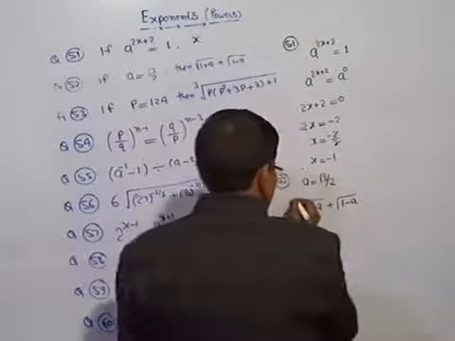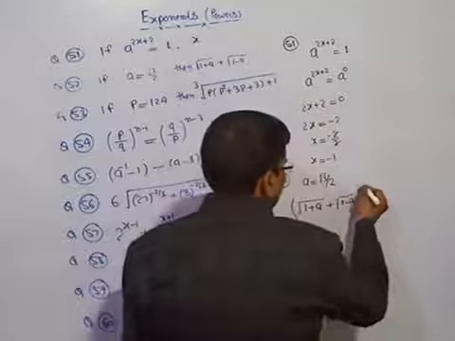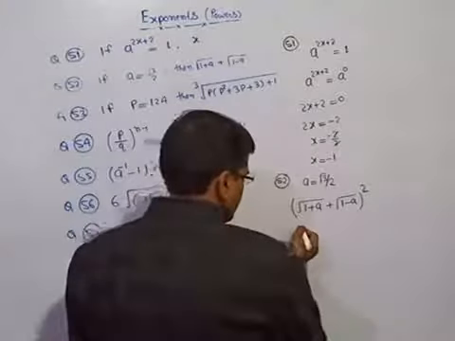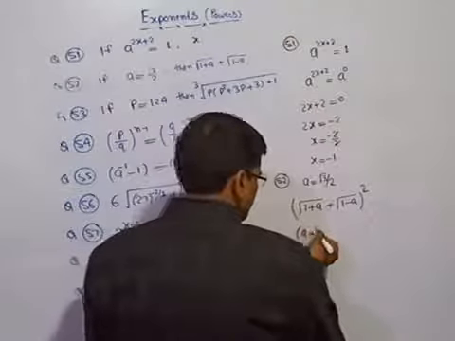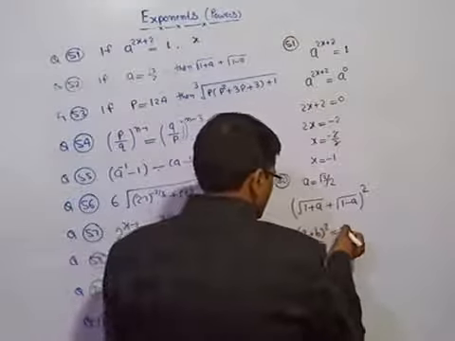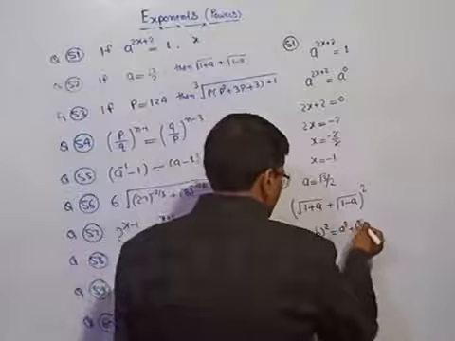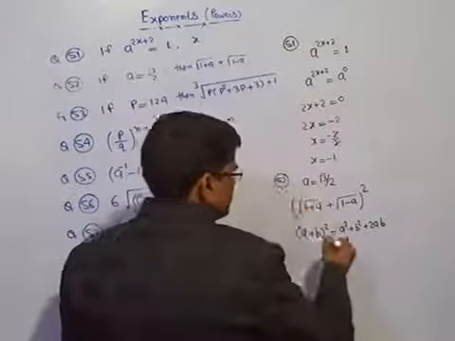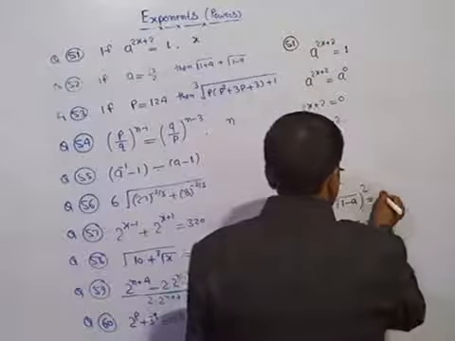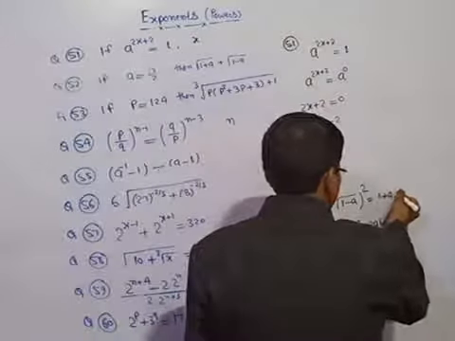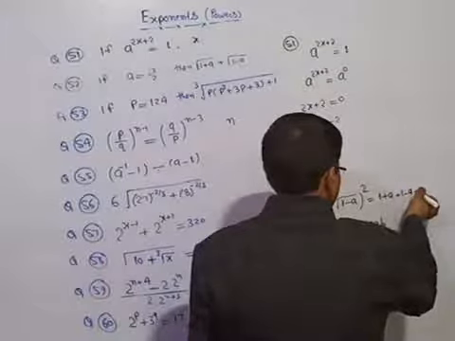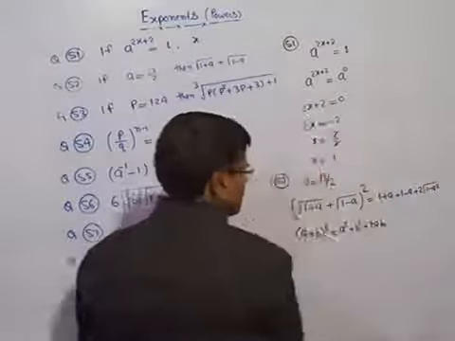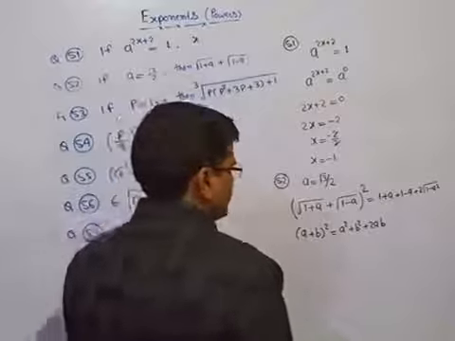Then we can find the square of this number via the formula (a plus b) whole square equal a square plus b square plus 2ab. Then we can open this step: 1 plus a, 1 minus a, plus 2 root of (1 minus a square).